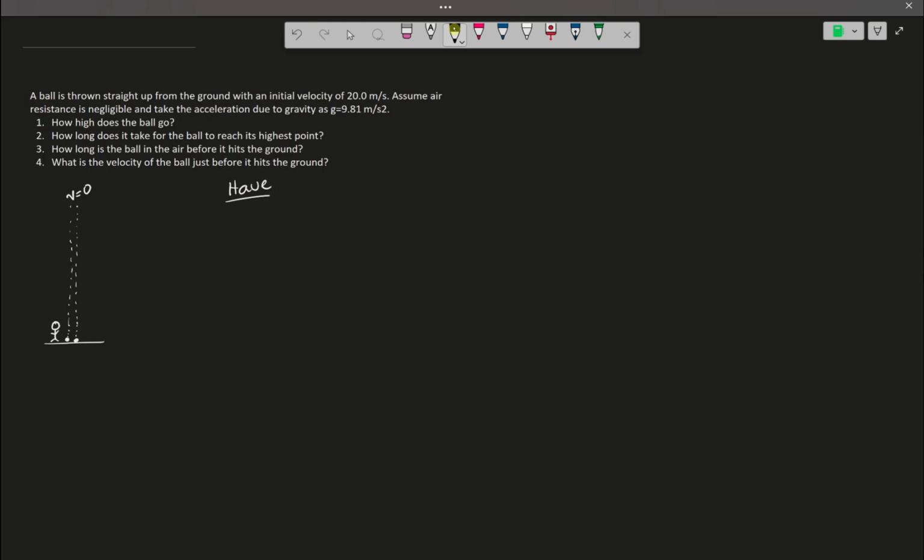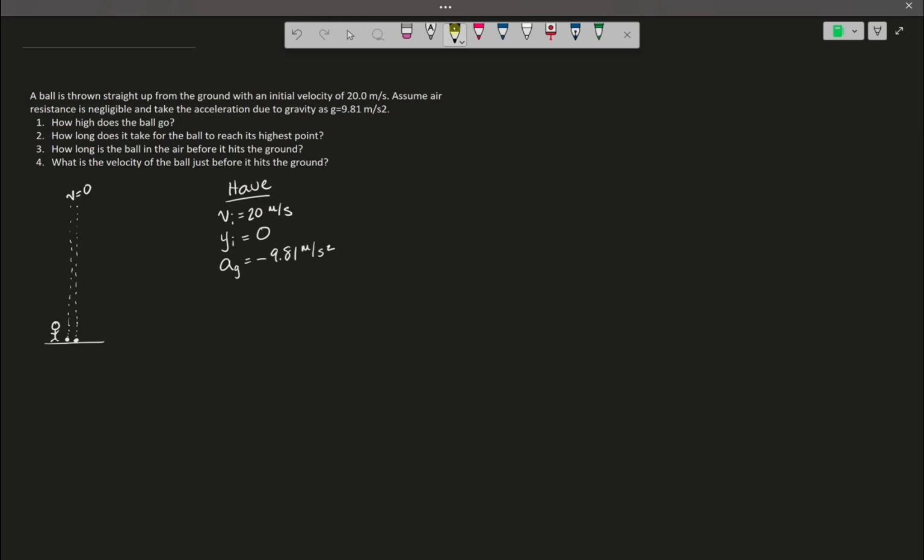Well, I know that the ball is thrown straight up from the ground with some initial velocity. So my initial velocity is 20 meters per second. I know that the initial position of my ball is going to be 0 because it starts from the ground. And if I assume air resistance is negligible, we have acceleration due to gravity, and this is going to be negative 9.81 meters per second squared.